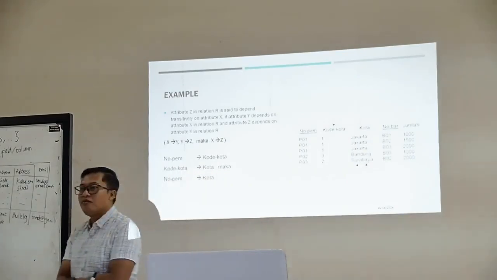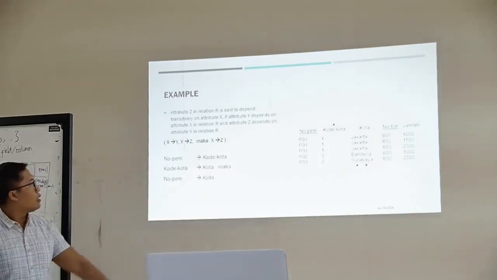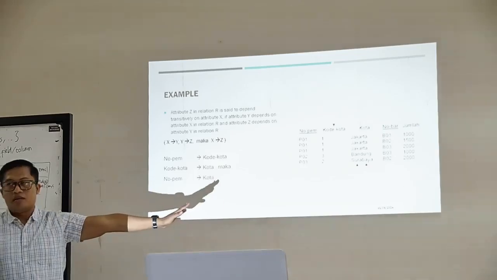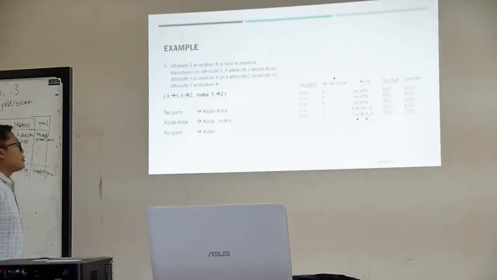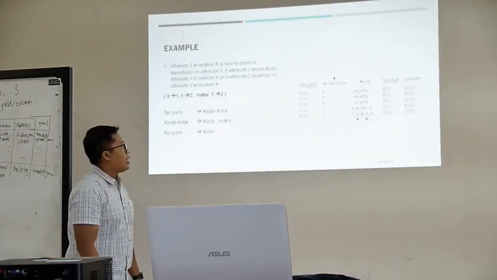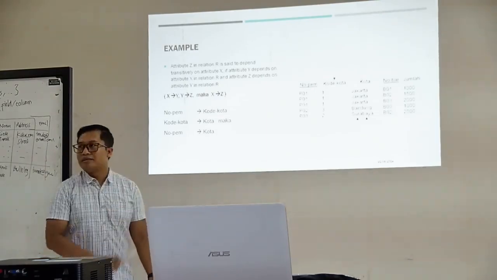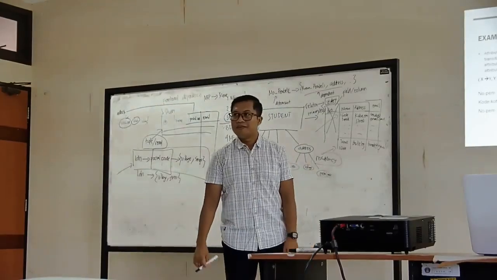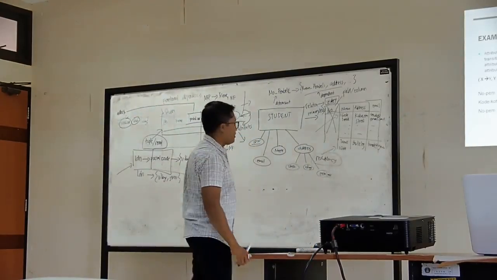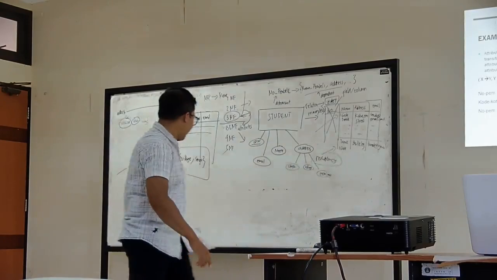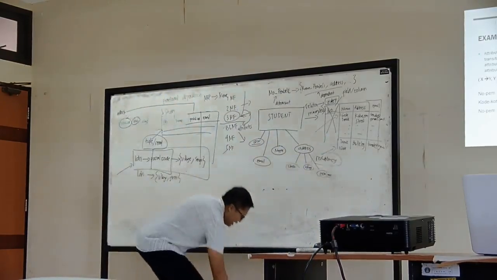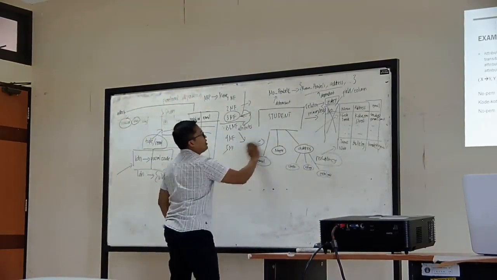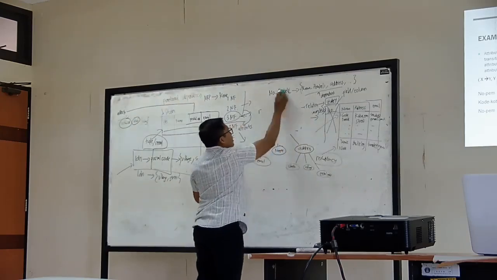There is no functional dependency between nomor pembeli and nomor barang. Okay. What about the kota? Kode kota and kota. I need to clear the board first.